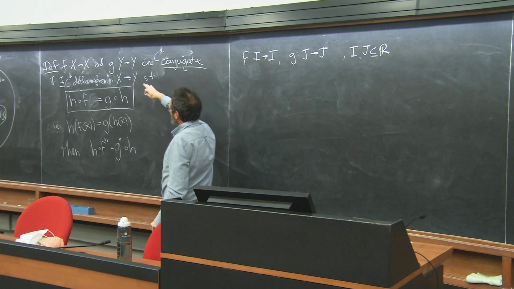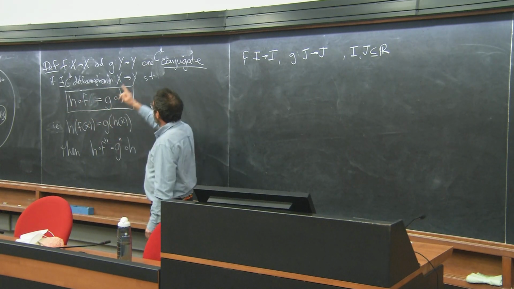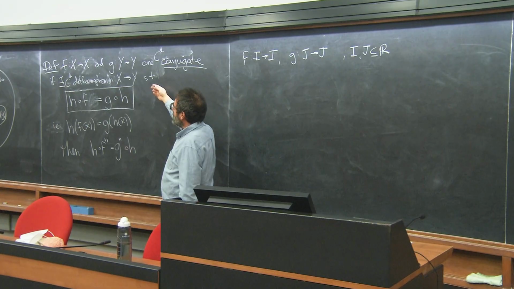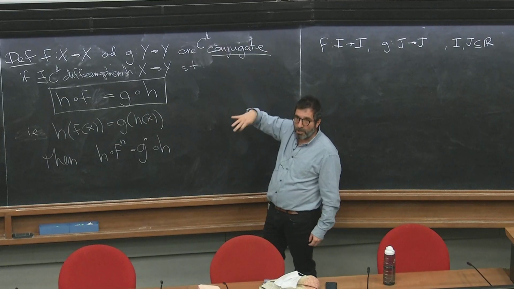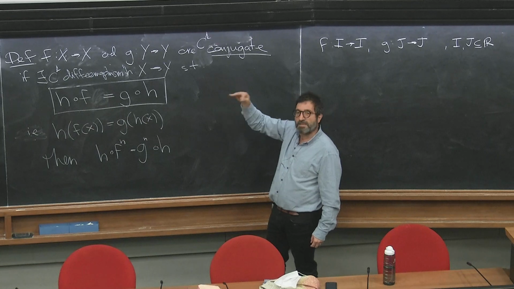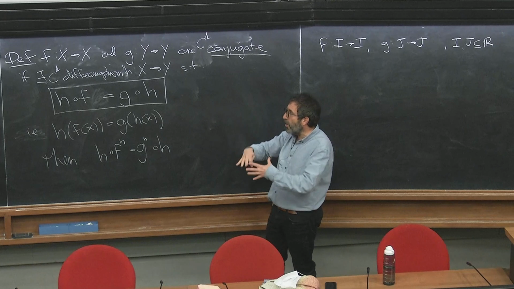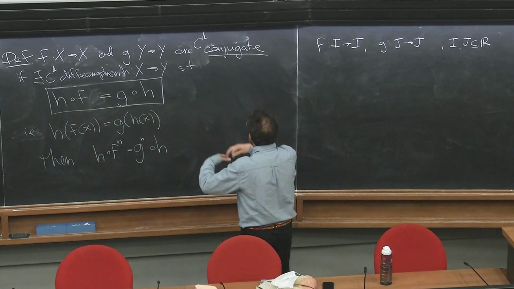a C1 conjugacy. Notice, first of all, that a C1 conjugacy is in particular a topological conjugacy, and a topological conjugacy is in particular a conjugacy. So one is stronger than the other.